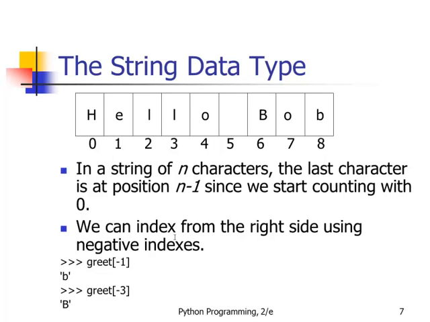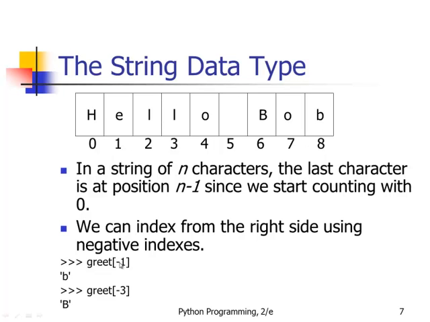Now, the last index is going to be n minus 1, where n is the length of your string. So if your string has 9 characters, the last index is going to be 8, because 9 minus 1 is 8. You can also access the indexes from right to left by starting at -1.